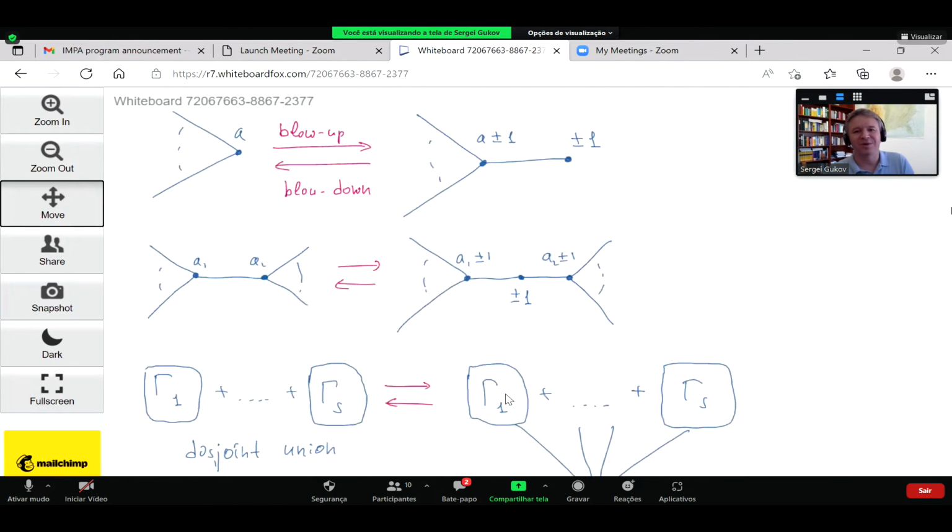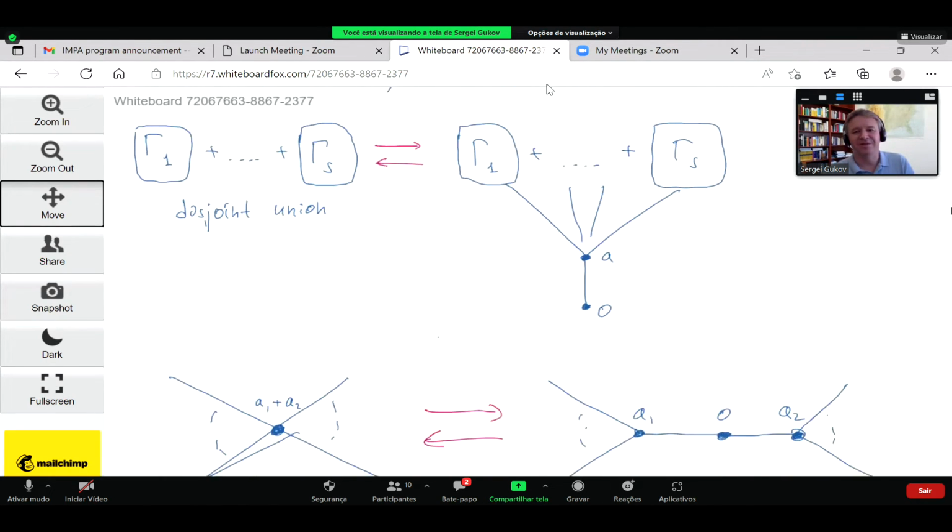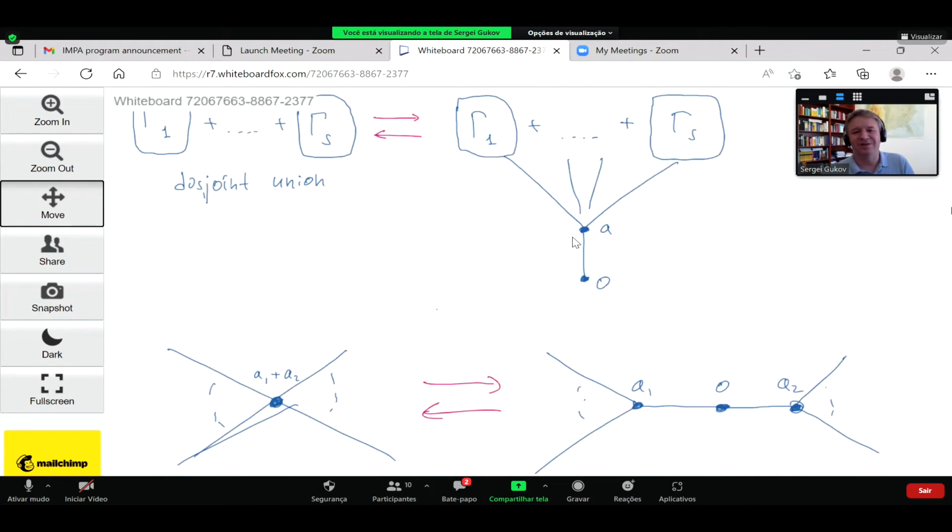Plus minus 1s require some correlation, and they're sensitive to the rest of the stuff. But the 0 basically destroys the entire part of the graph. And I believe for this reason, it doesn't matter how these things are connected. But just in case, it would be good to double check.